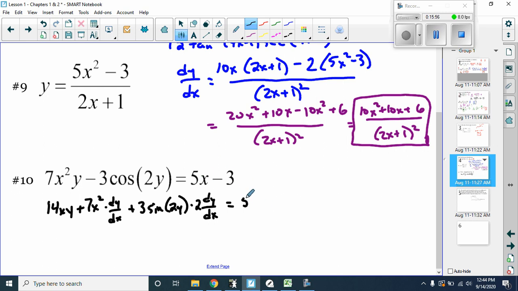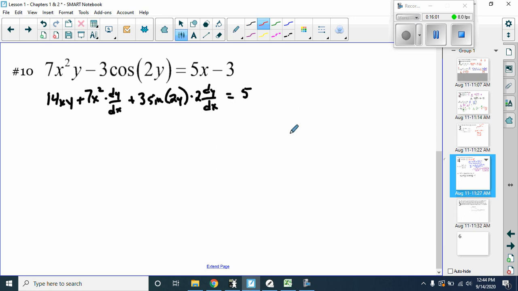Derivative of this side is 5. Anything that has a dy/dx in it goes on one side, so I'm going to leave this over here. 3 times 2 is 6. And I'm going to move that 14xy to the other side. Anything that does not have a dy/dx in it needs to go on the same side.